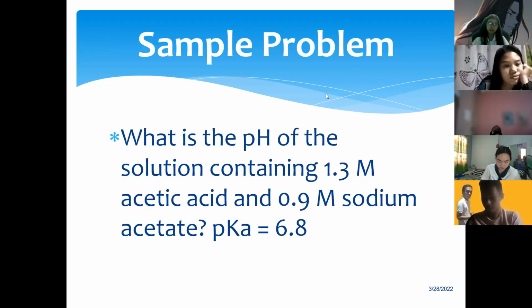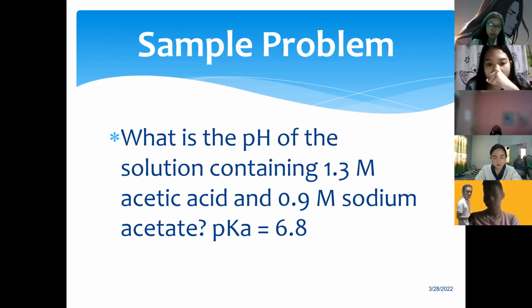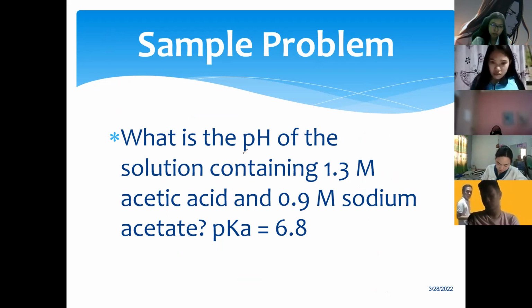Okay, so example. What is the pH of the solution containing 1.3 molar acetic acid and 0.9 molar sodium acetate? The pKa is 6.8. You have to identify first the given. Given ka muna.